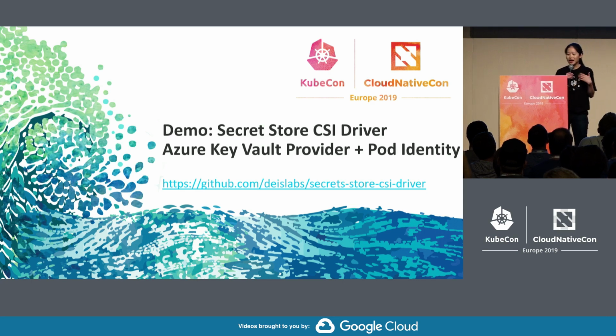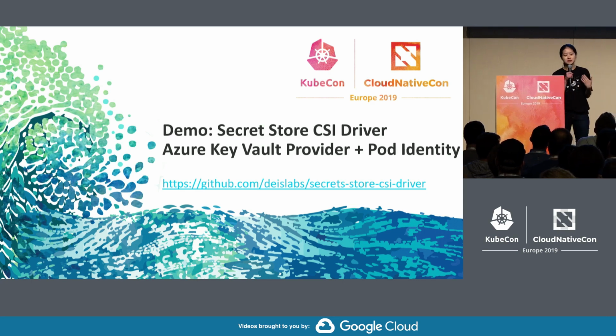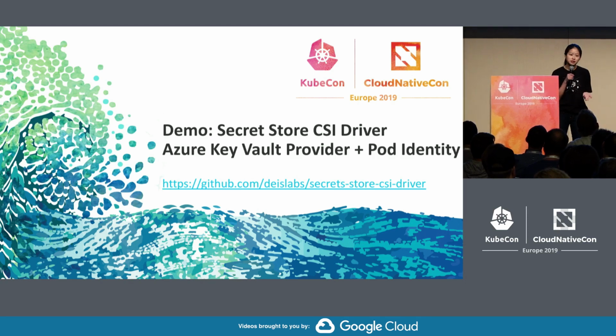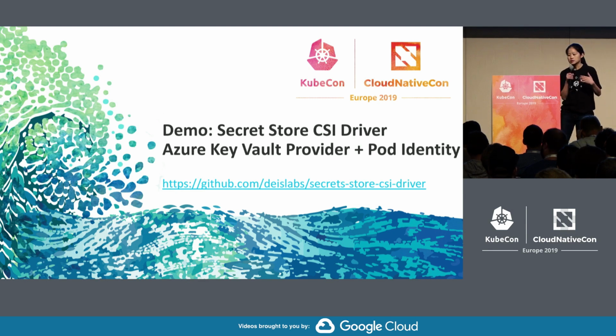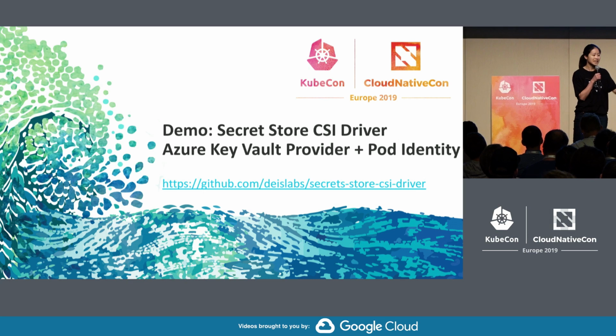Azure Key Vault utilizes Azure Active Directory for access control and authorization. One of the things that we developed was an Active Directory pod identity solution, which allows us to create a resource in the cluster that represents an actual Azure Active Directory identity.